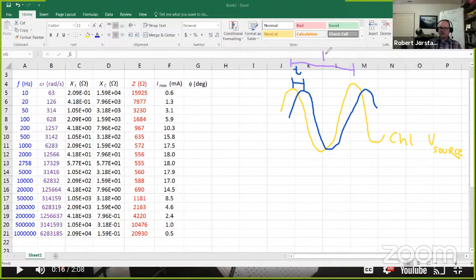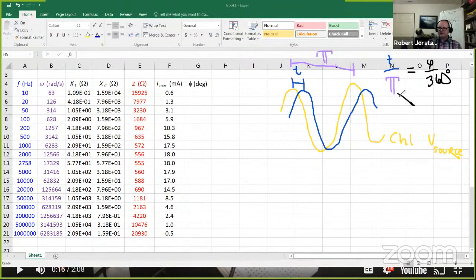So if I take the ratio of the time over the period, that should equal the amount of phase angle out of 360 degrees. Think about this. What does this mean?